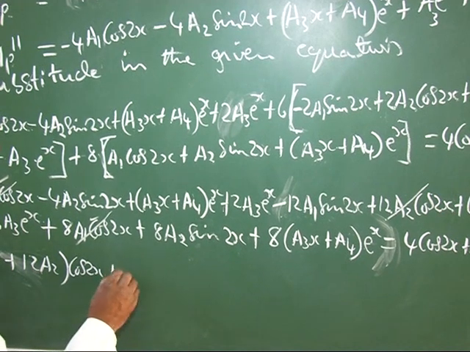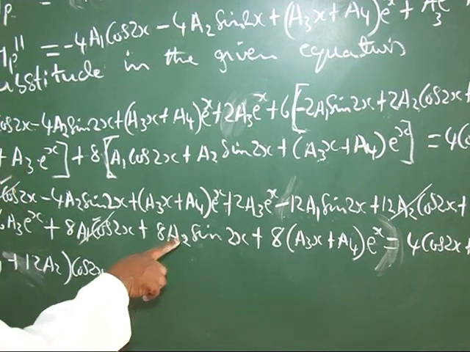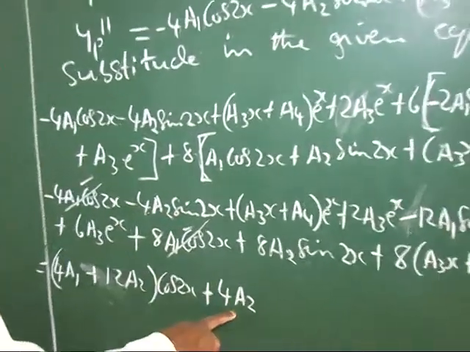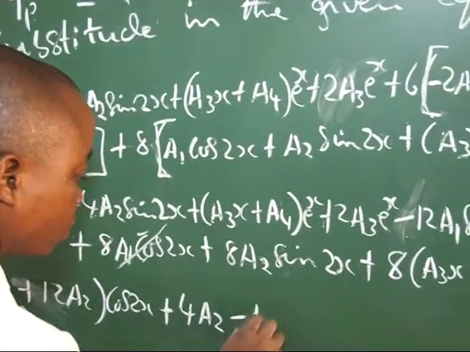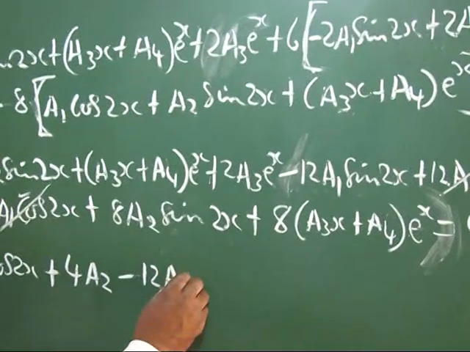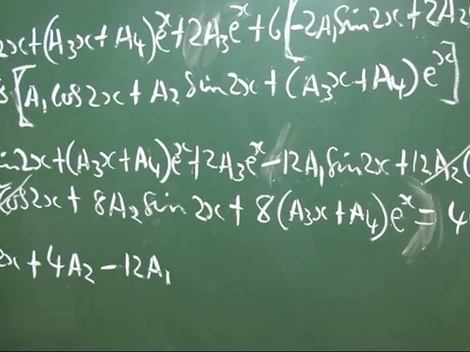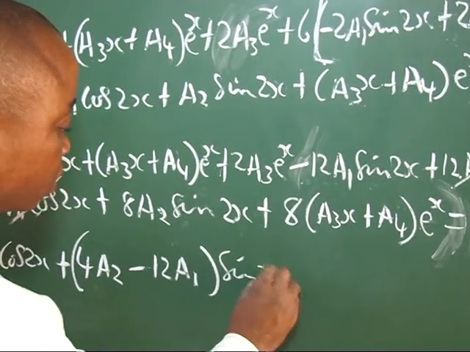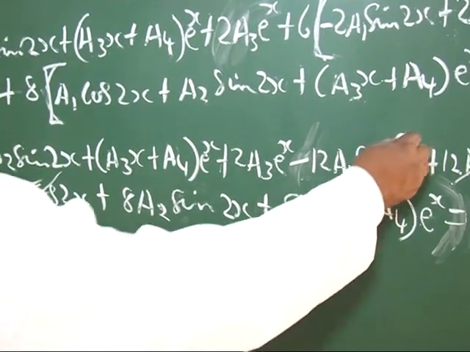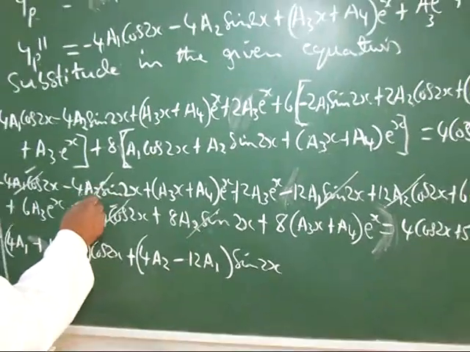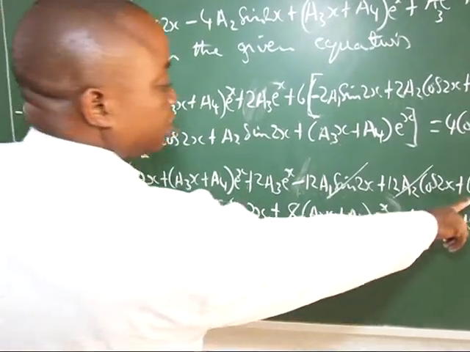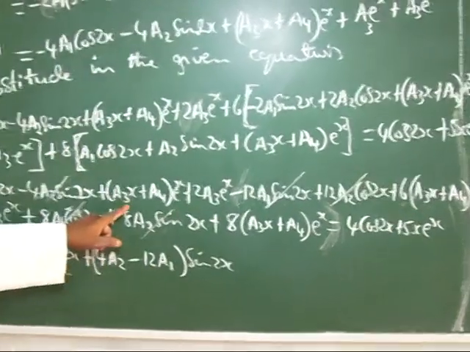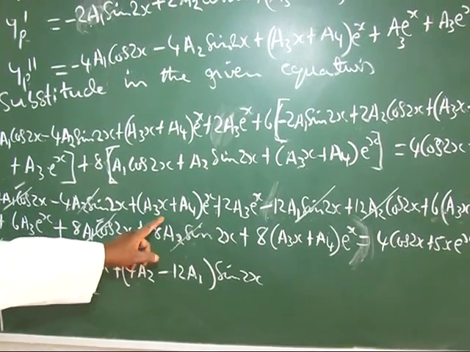So we can write like this: 8a2 minus 4a2 will give you 4a2, minus 12a1, then sine 2x. So we have finished everything about sine now. Then which one again? We have here 6a3x plus 4a. That is 6. We have one here, which is 7.